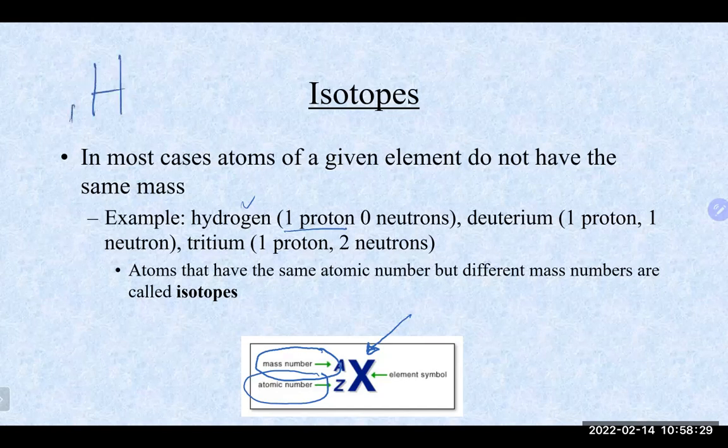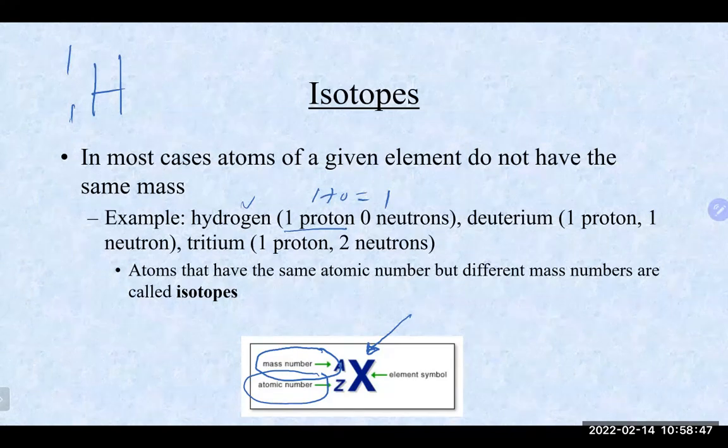The atomic number should be on the bottom left there, which is 1. The mass number, which is on top, is 1 plus 0, which equals 1, which means 1 should go up on top. And that would be the symbol there for hydrogen. And obviously 1 minus 1 there, top number minus the bottom number, gives you the number of neutrons. So in this case, it would be 0.